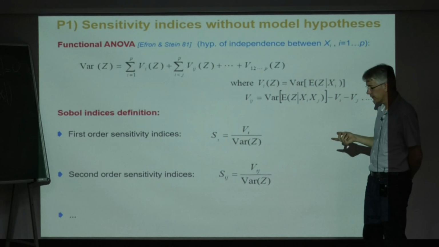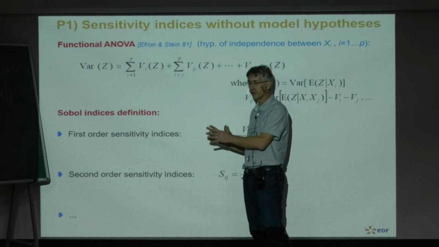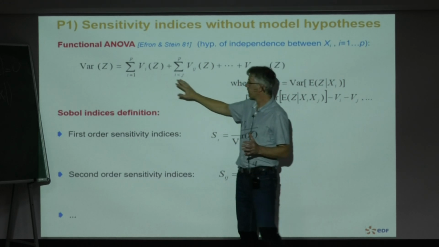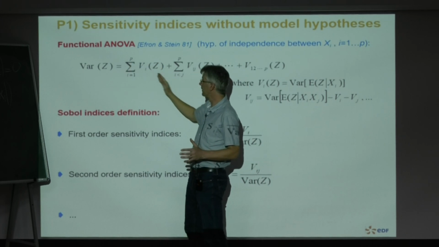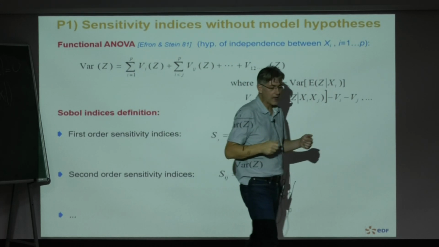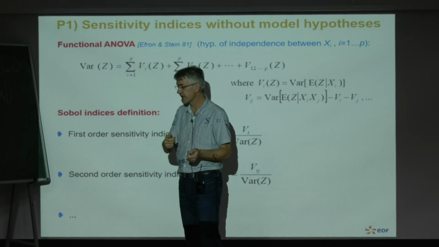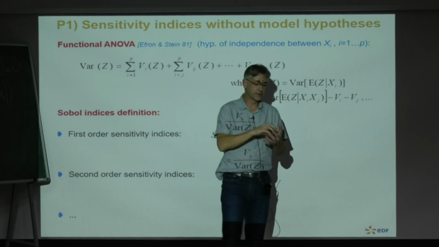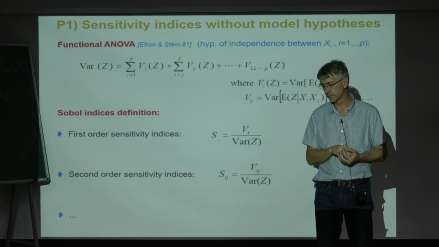So recently, a researcher has proposed to take a result of game theory and to forget the functional ANOVA. This result of game theory allows to allocate a score to each individual of a game. This game theory result is from 1951.